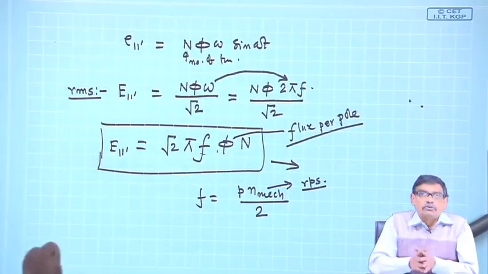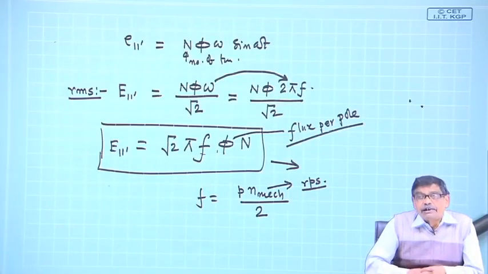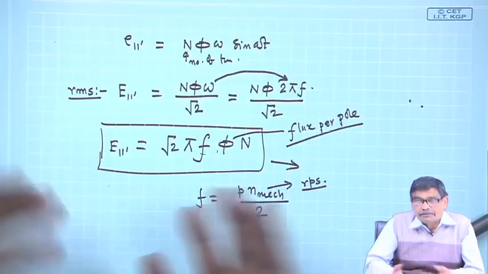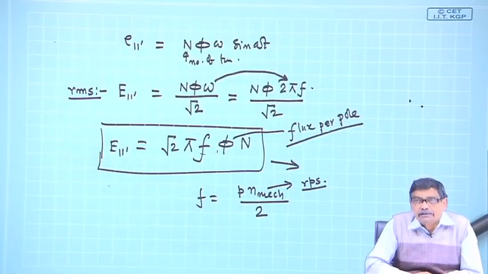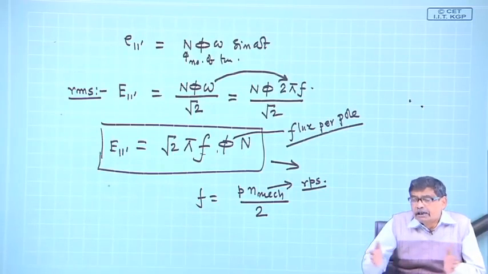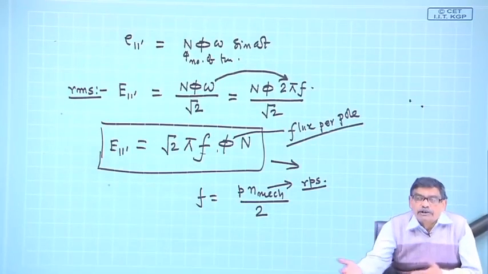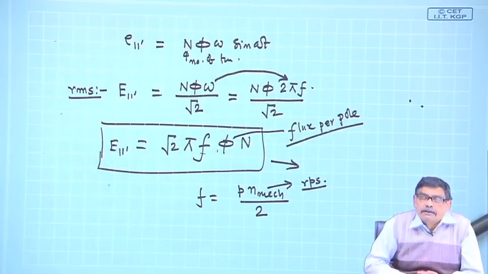So, if you have understood what has happened to the induced voltage in a coil, then in a rotating machine there will be a number of coils. I will not be daunted by this, because I know what is happening to a single coil. The other coils will simply be displaced from this coil by some angle, either in the forward direction or in the backward direction.